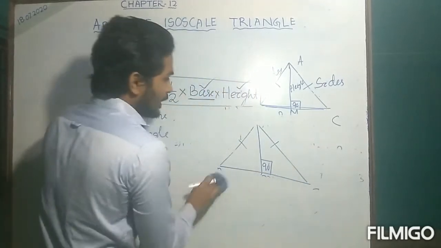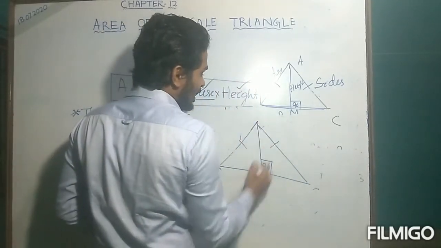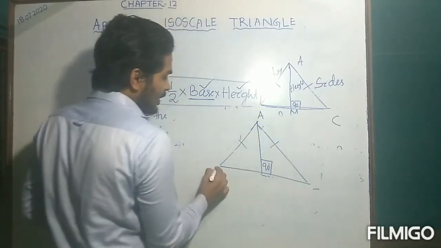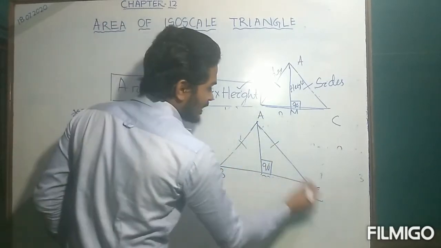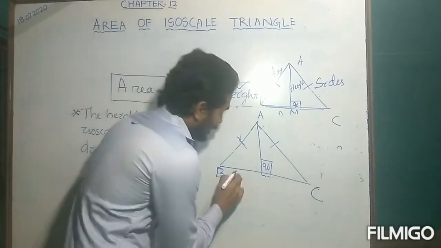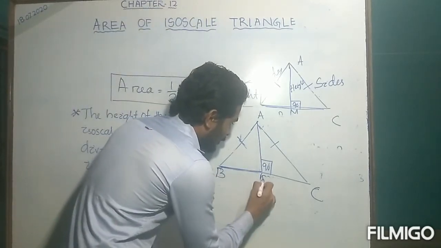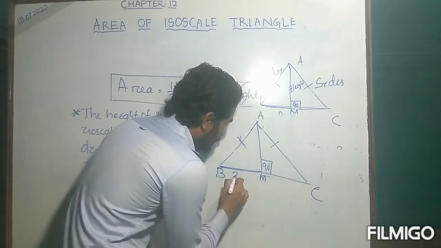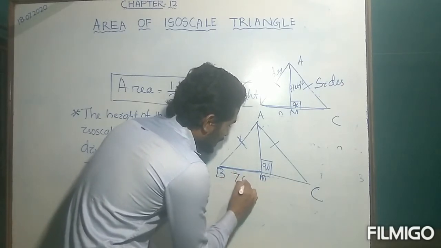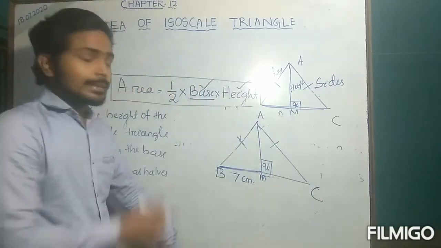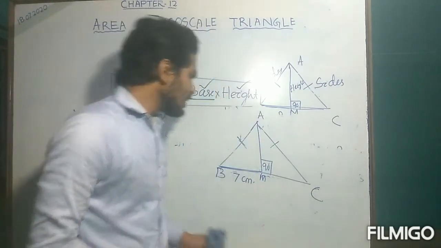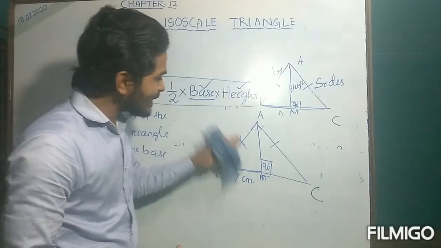If in an isosceles triangle ABC, this distance BM is 7 cm, then find the base. So what is given here?